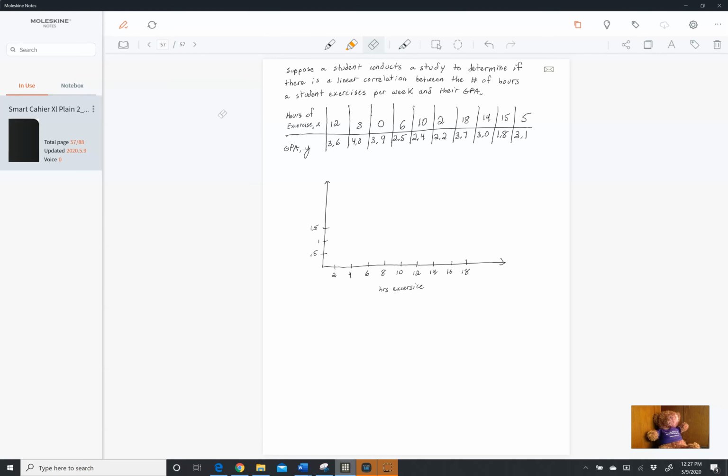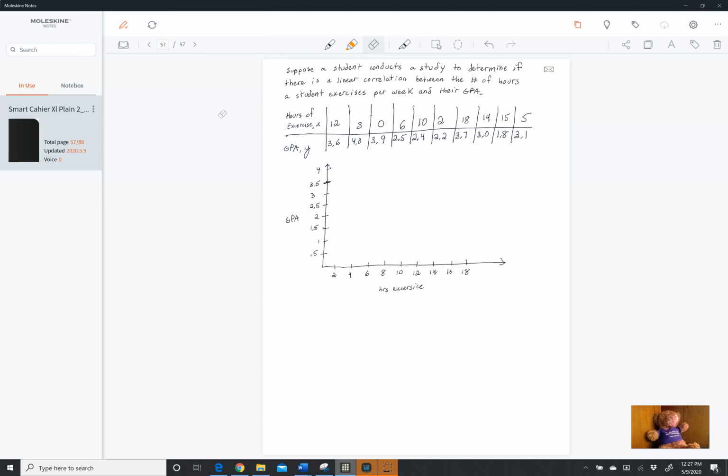And again, you don't have to mark off everything that you see here. Probably could go up higher. 3.5. And 4, this is the GPA.